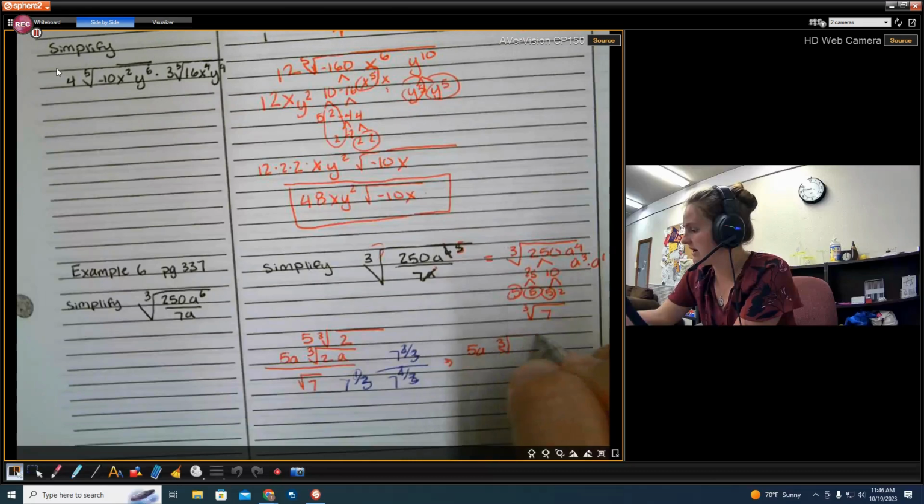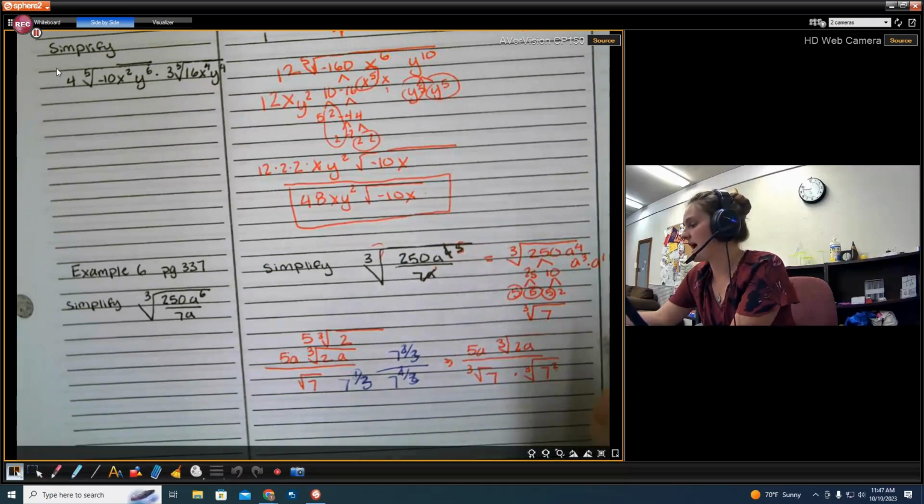I have the cube root of 2a, all divided by the cube root of 7. And now I'm going to be multiplying by the cube root of 7 squared. And as you can see, this 7 squared and this 7 will multiply to have 7 cubed. And the cube root of 7 squared up here.